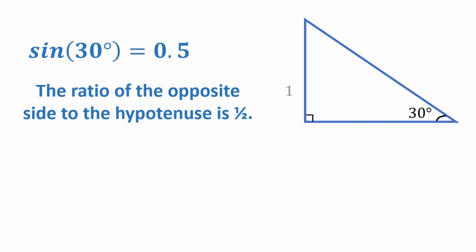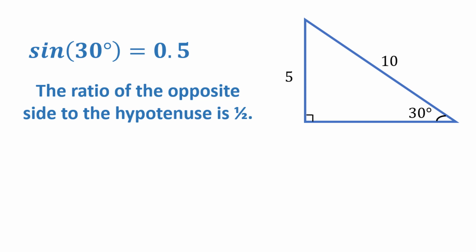For example, maybe the opposite side is 1, and the hypotenuse is 2. That would be consistent with the opposite side being half of the hypotenuse. Or maybe the opposite side is 5, and the hypotenuse is 10. That would also be consistent with a ratio of 1/2. If the angle is 30 degrees, the ratio of the opposite to the hypotenuse must be 1/2.